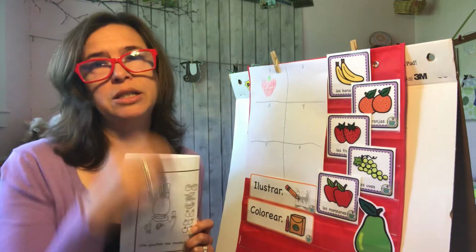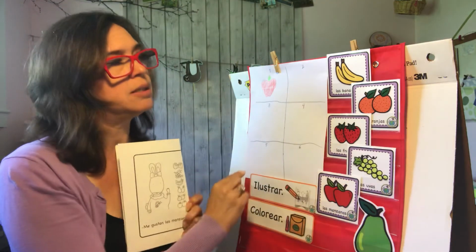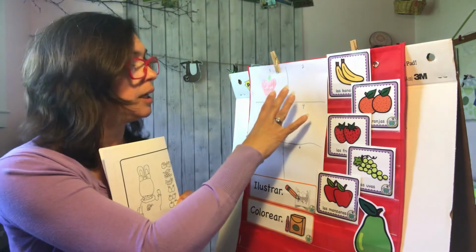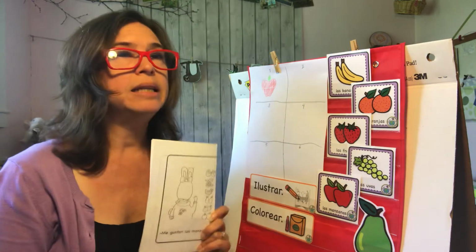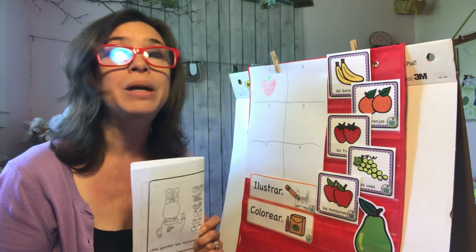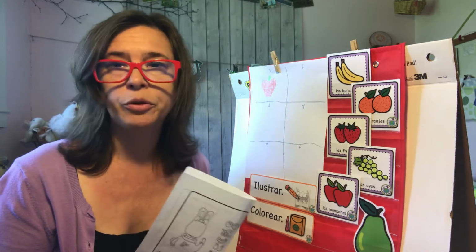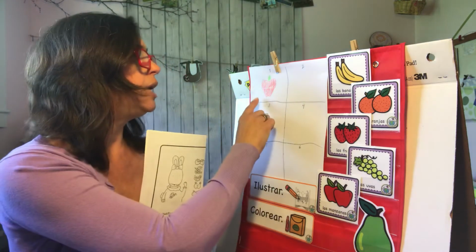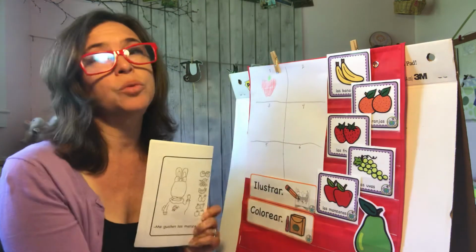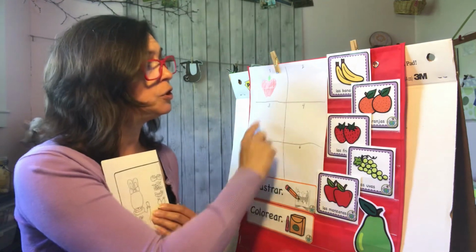The second extension activity that I want to share quickly is that you could also have students take a photograph of their final drawing, right? And they can upload that to Seesaw or to another platform, and they can do a variety of different things with that dependent on their proficiency level, right? So you could provide a word list on the side so that they could label each of the fruits.